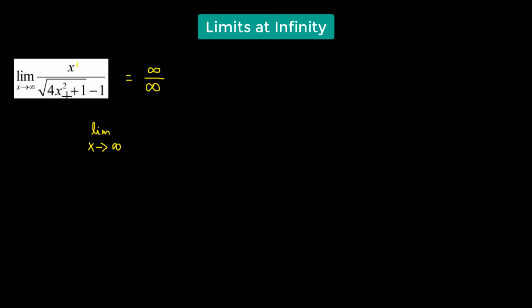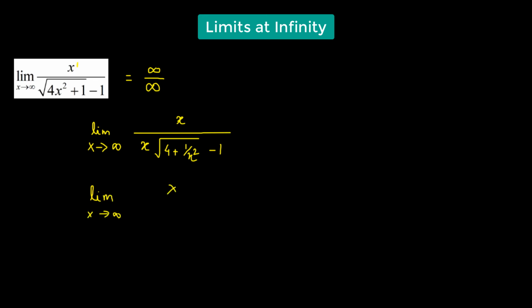So we're going to factor out x in the denominator. So we have x divided by, when we factor out x from the square root, x multiplied by square root of 4 plus 1 over x squared, minus 1. Now we are going to factor out x from both the two terms of the denominator.